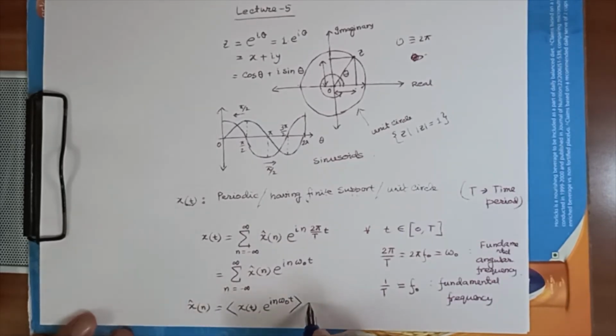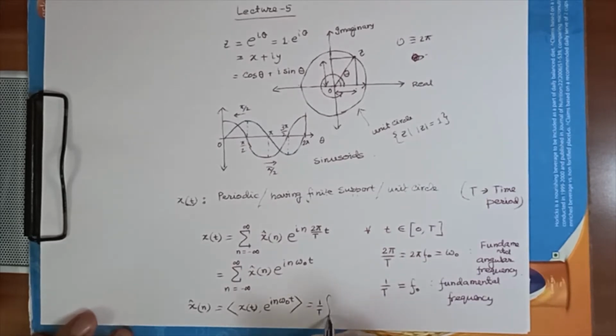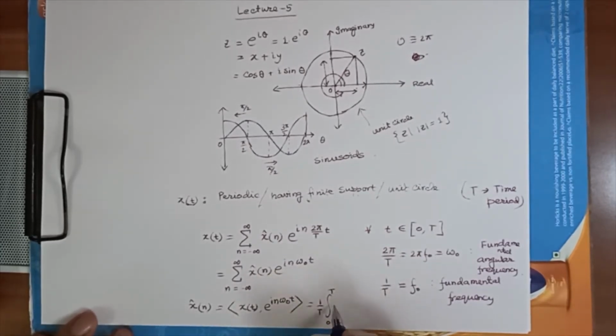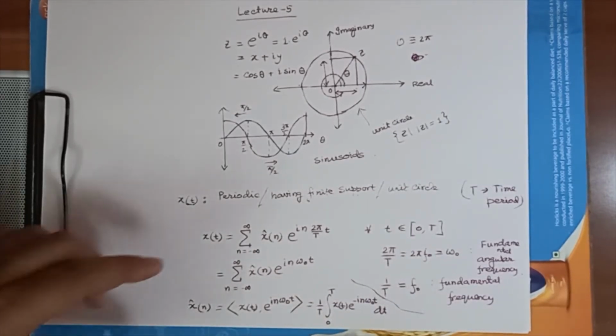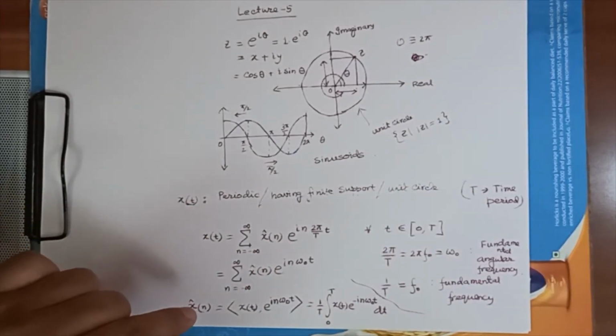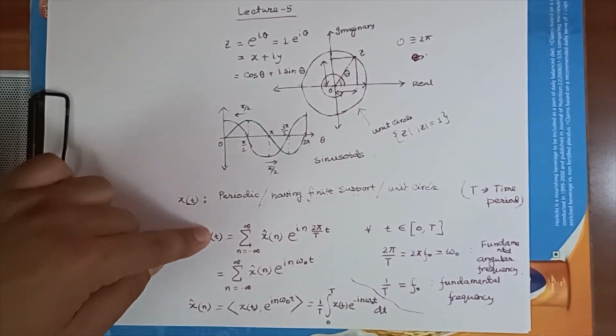This is the basis, which can be written as 1 by T integral 0 to T x(t) e to the power minus i n omega 0 t dt. So this is the analysis equation, and the earlier one is the synthesis equation.